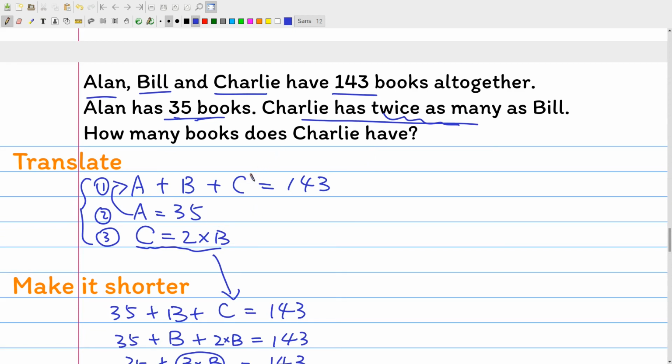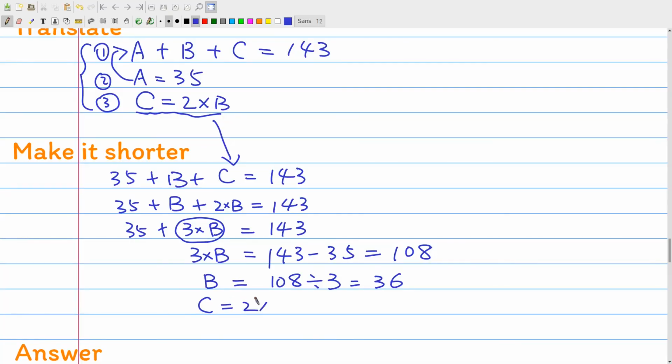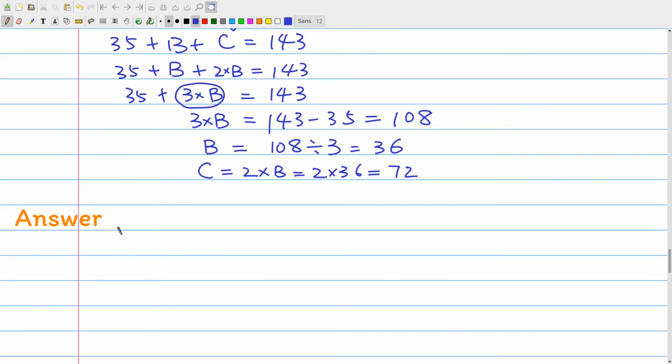The question asks for C. We already have B, and we know that C equals 2 times B. We just copy from here. B equals 36, the result we already have. Now 2 times B equals what? 72. This is the result, and we call this part the answer.